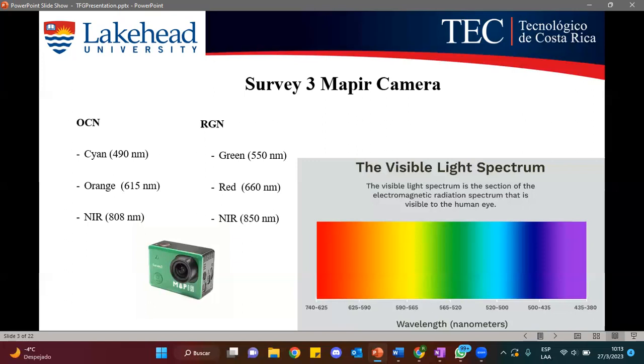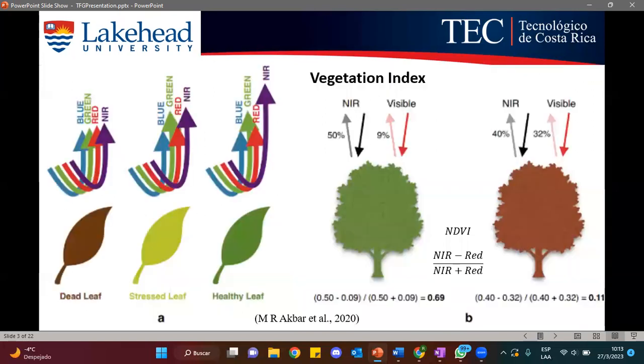vegetation features. So now, just to explain a little bit what a vegetation index is, I'm going to use this example, the NDVI. This is a widely used vegetation index. On the right, down on the right, you can see the mathematical expression. It's a combination between near infrared and red wavelength.